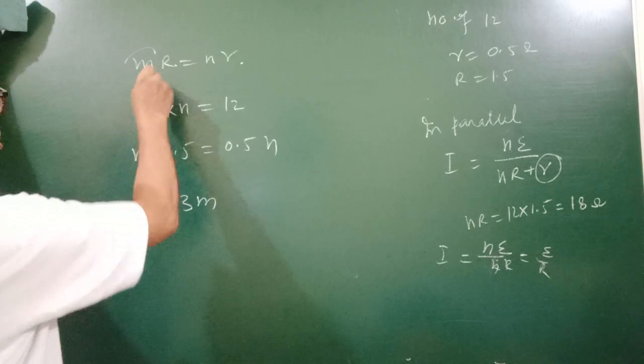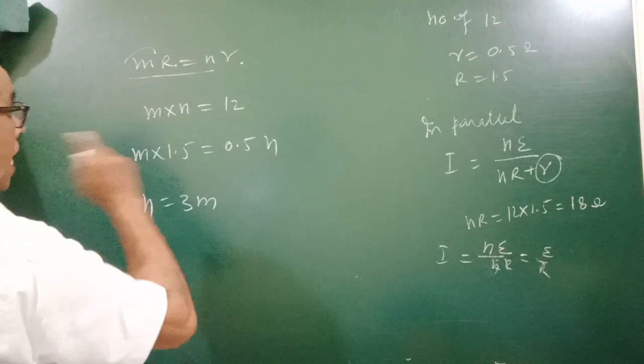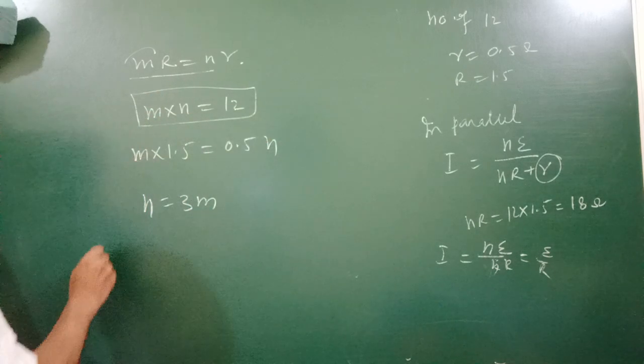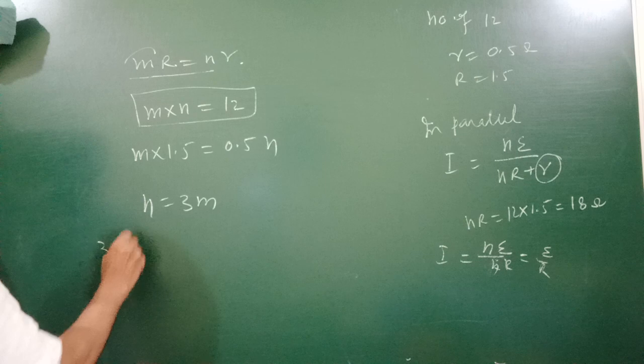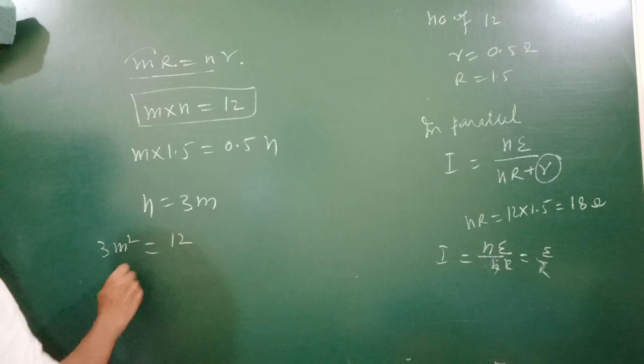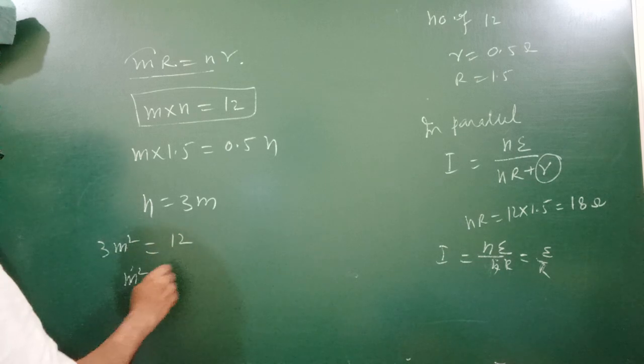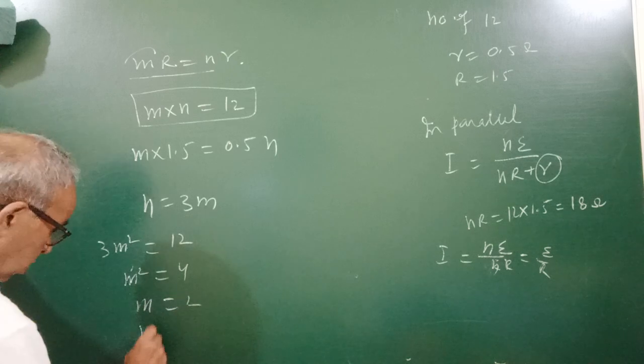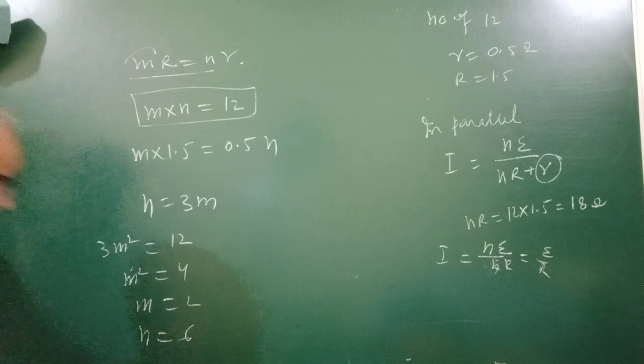Putting this value here, 3M square equal to 12, M square equal to 4, M equal to 2, so N equal to 6.